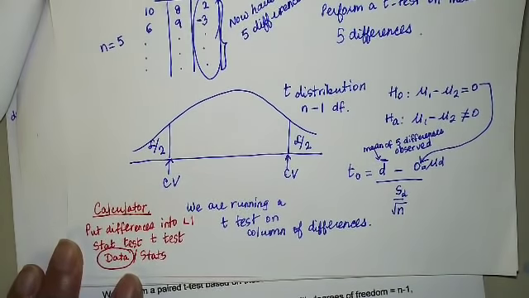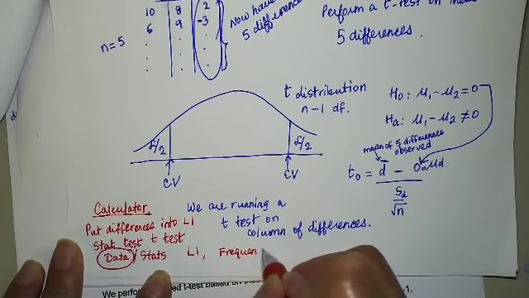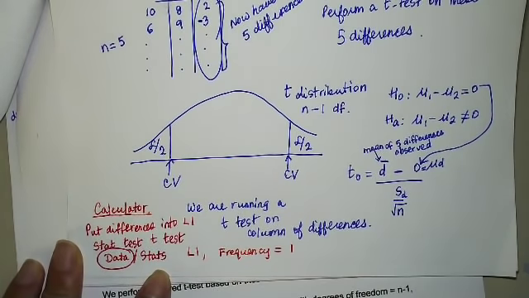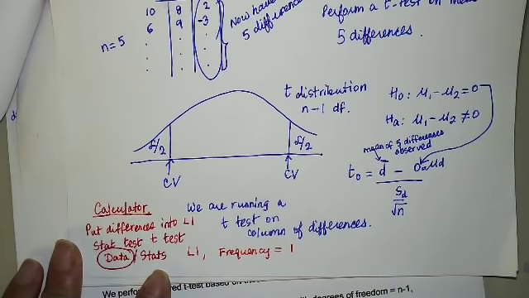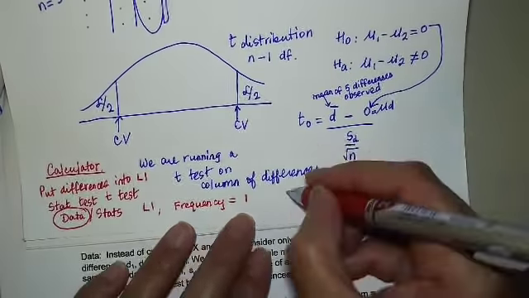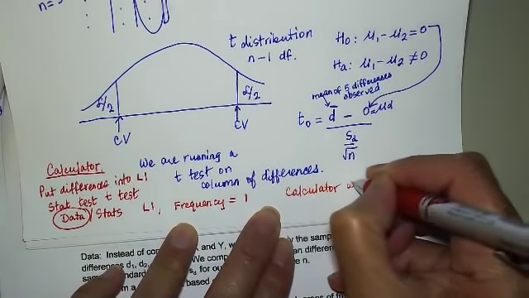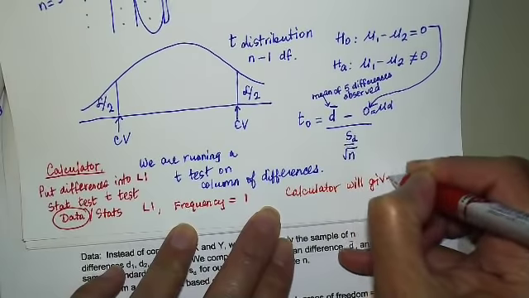Data. Then it will say what list? You're going to say L1. What is the frequency? You will say 1, because every number is occurring one time. And then it's just going to spit out for you.